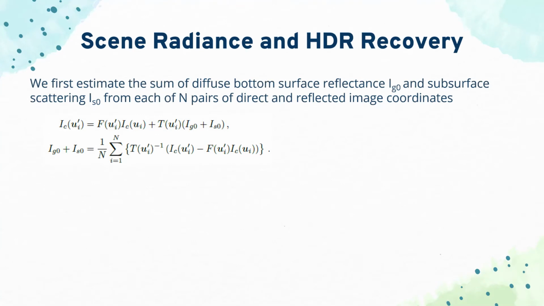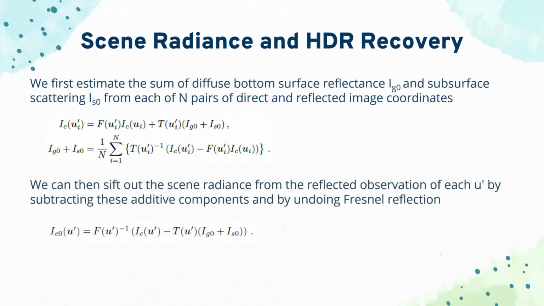So to recover the scene radiance from the reflected observations, we first estimate the sum of diffuse bottom surface reflectance Lg0 and subsurface scattering Ls0 from each of n pairs of direct and reflected image coordinates using the formula below.